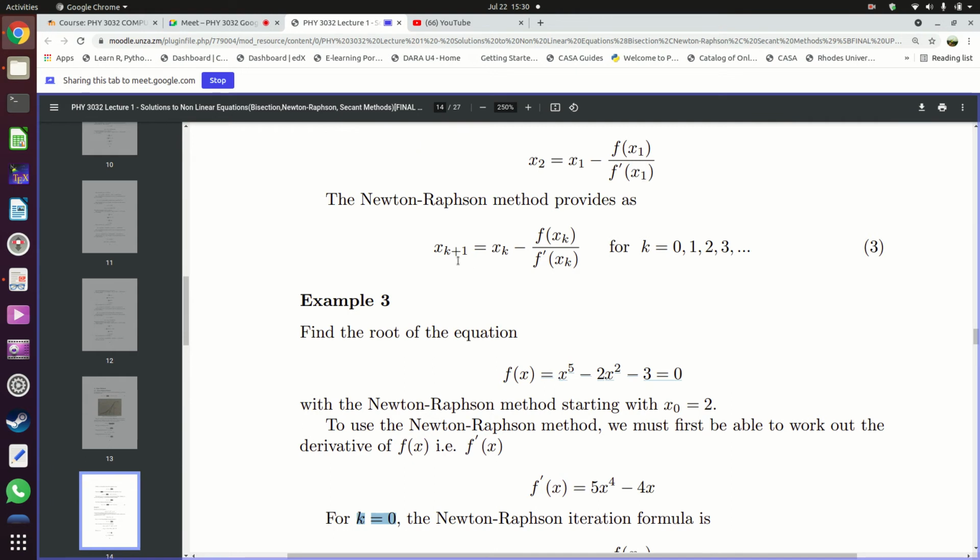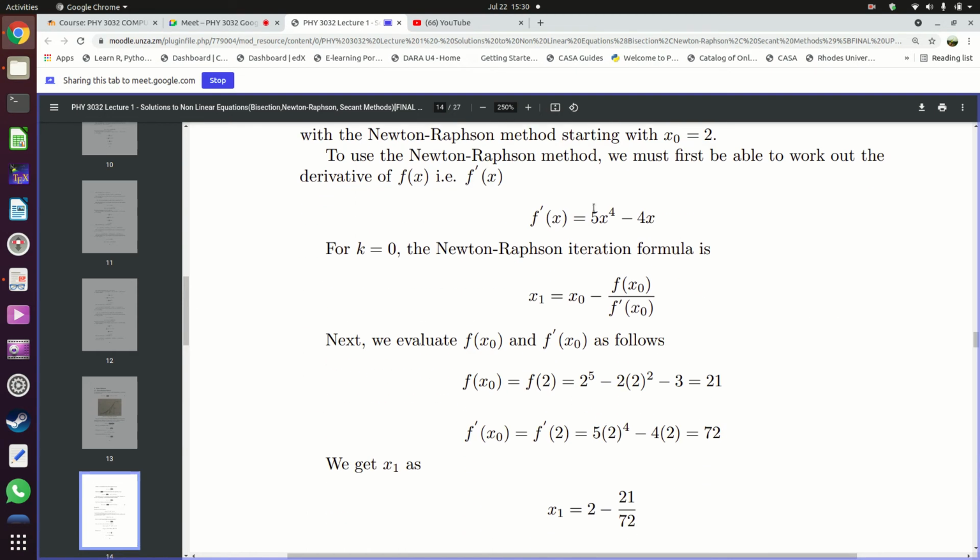Here you're going to have 0 plus 1, that's going to give you a 1. Here you're going to have an x0, here an x0, and here an x0. The Newton-Raphson method becomes x1 equals x0 minus f of x0 divided by the derivative of the function at x0. Is it clear? You just put in the value of k in that formula.